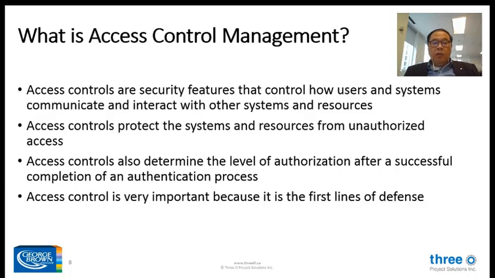You only allow people who are authorized to access your information, modify your information, and access it in the most available fashion. If that's not done well, then you are allowing unauthorized people to come in and do whatever they can. That's why it's referred to as the first line of defense.